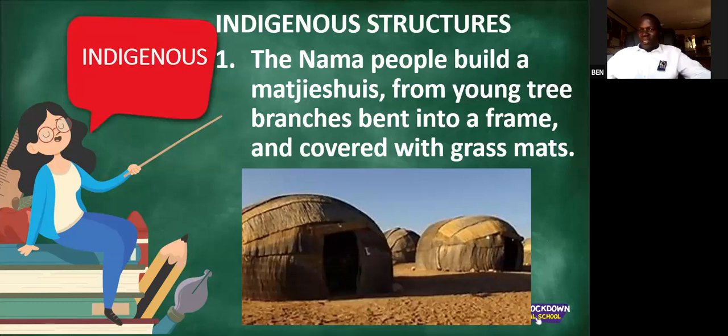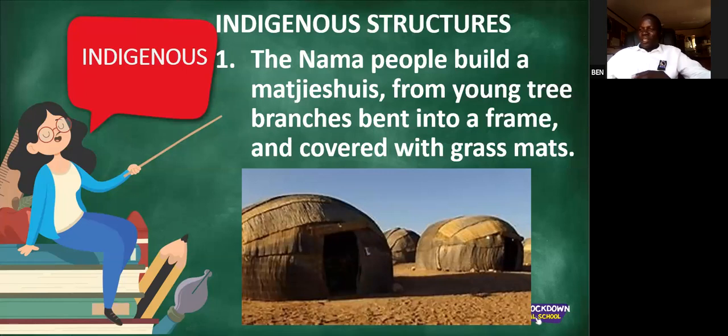You can see it's nearly the same as the dome Zulu house. This house was built by bending the branches into a frame. Yes, they were using young trees, just small twigs. As you can see, it's very light, and it is covered with grass mats.